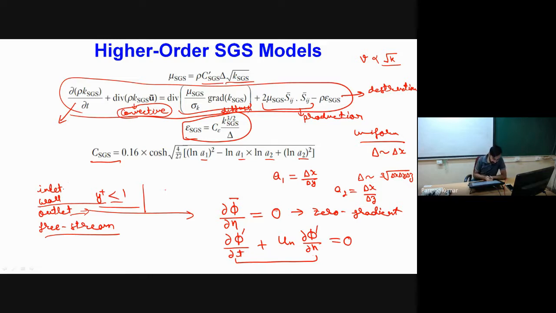Okay, now comes the inlet boundary condition. Obviously for the inlet boundary condition, we have to supply the proper velocity profile. Velocity profile means it will have the nature of instantaneous velocity, so instantaneous velocity means u equal to u bar plus u dash. This is one issue, that every time finding the exact velocity profile is not possible.